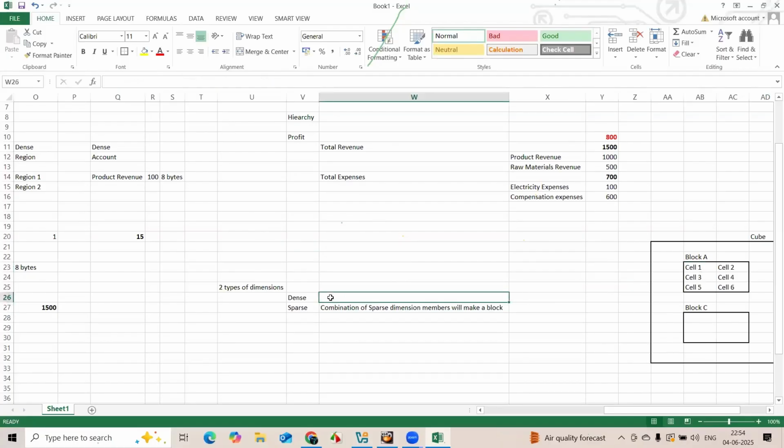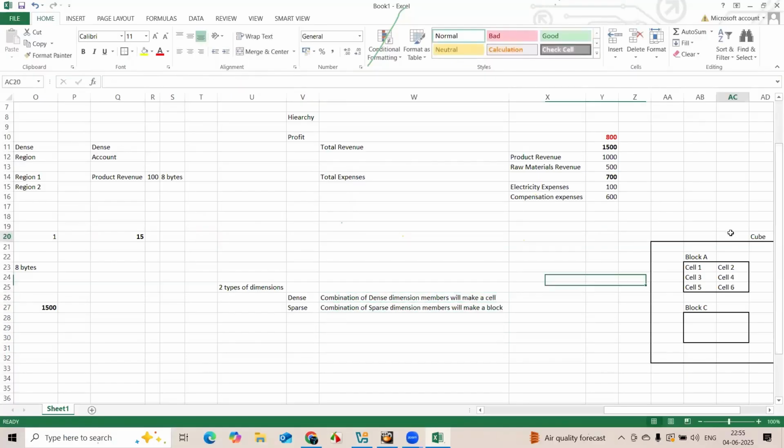What makes a cell? A combination of dense dimension members will make a cell. So let us consider one scenario.